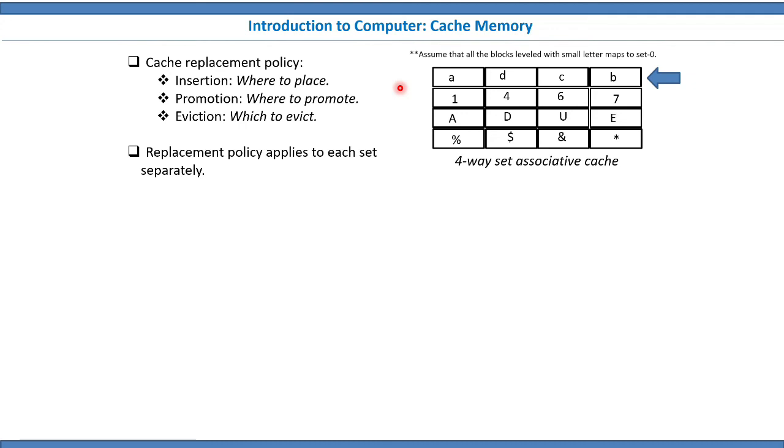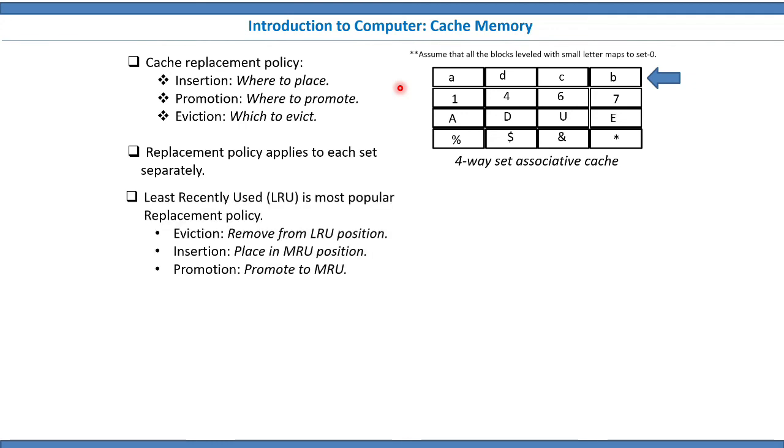There are many replacement policies possible. But in all replacement policies, there are three very important modules. First is insertion policy. Insertion policy means when new data is coming, in which position you have to insert it. Promotion means whenever there is an access to a particular block, or a hit on that block, where to promote this block. And eviction means whenever the set is full, which block is to be evicted.